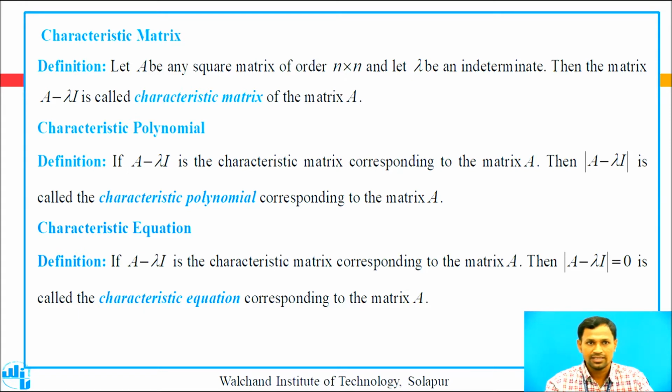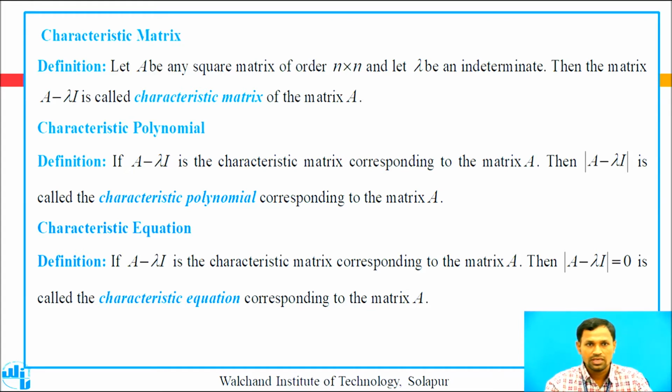Characteristic matrix. Definition: let A be any square matrix of order n cross n and let lambda be an indeterminate, then the matrix A minus lambda I is called characteristic matrix of the matrix A. Characteristic polynomial.